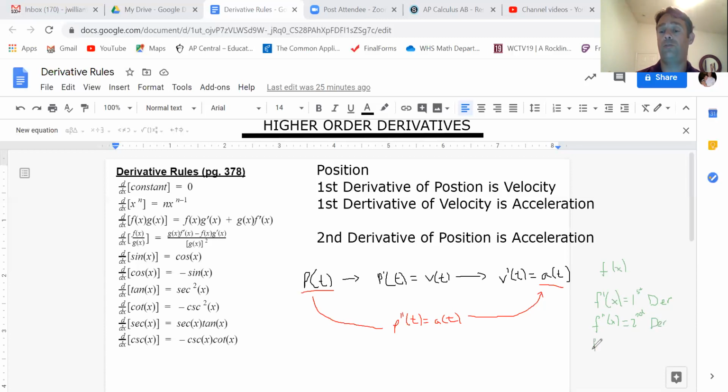The f triple prime of x, and you guys probably are kind of seeing where this is going, that would be the third derivative.